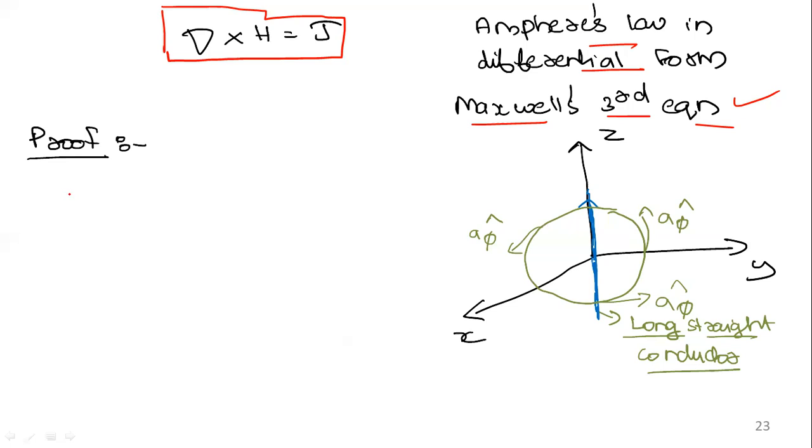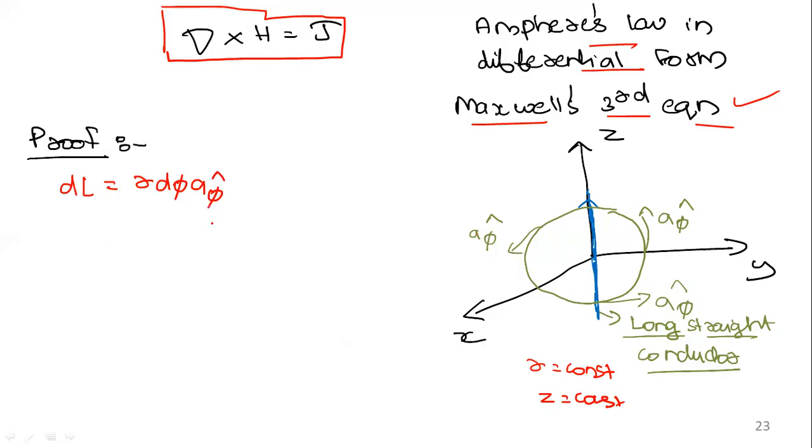What we normally do is consider a small length. The small length dl is equal to r d phi a phi. Why is it r d phi a phi? Because here the radius r is a constant and z is also a constant, since we are considering it on the surface itself.